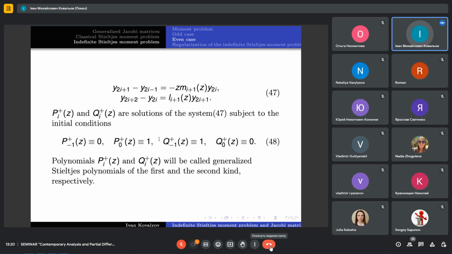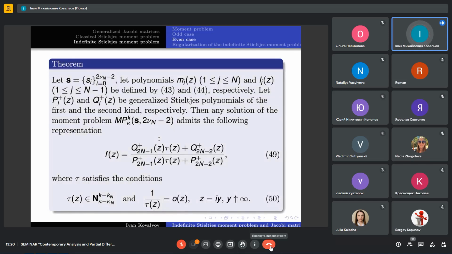P plus and Q plus are the solution of this system subject to the initial conditions, and these polynomials are called the generalized Stieltjes polynomials of the first and the second kind, respectively. And in these terms, we can represent the solution of our problem.